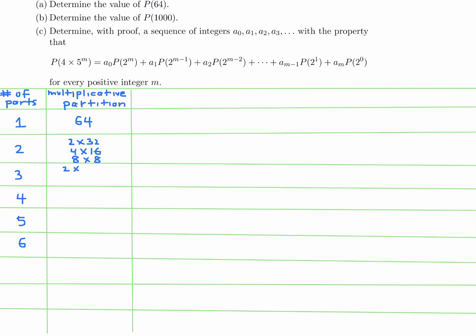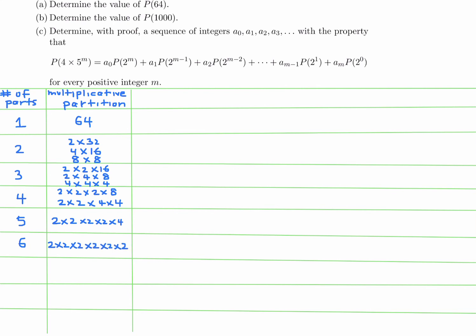3 parts, 2 times 2 times 16, that would work. 2 times 4 times 8, and 4 times 4 times 4, that would also be a 3-part multiplicative partition. 4 parts, 2 times 2 times 2 times 8 for 64. 2 times 2 times 4 times 4, that's another way of doing it. 5 parts, there's only one way. 2 times 2 times 2 times 2 times 4, and then 6 is all 2's. 2, 2, 2, 2, 2, and 2.